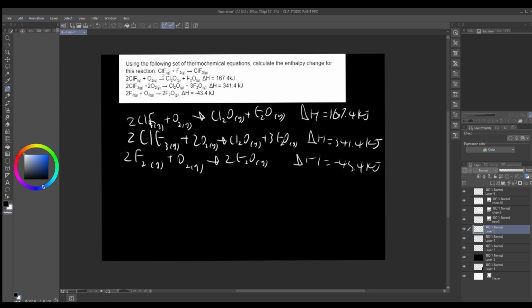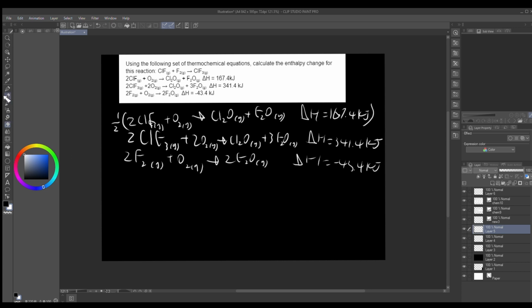So ClF, where can you see a ClF? Oh no, there is a ClF here, my bad. So over here, there's one, the coefficient here is a 1, right? Over here, the coefficient is a 2. So what we have to do is multiply this by 1 over 2. Actually, no, I'm not going to rewrite all of that. But just remember, multiply that by 1 over 2.